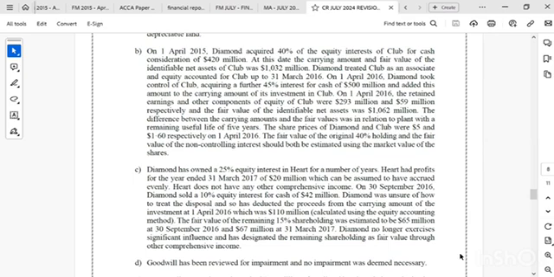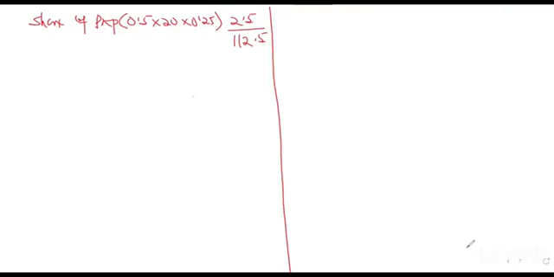The fair value of the remaining 15% was estimated to be 65 million at 30th September 2016. So it means that the 15% is 65 million at the date of disposal. This particular figure over here is for 25%. They are saying that 15% at this date is 65 million.